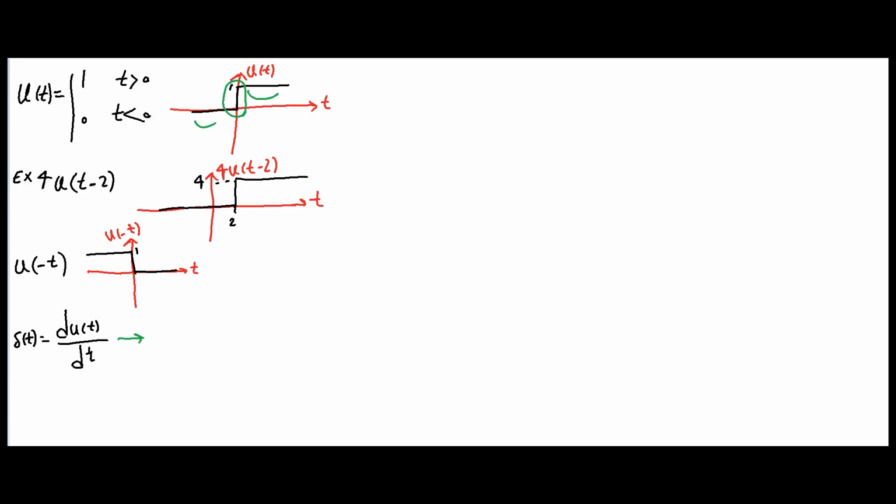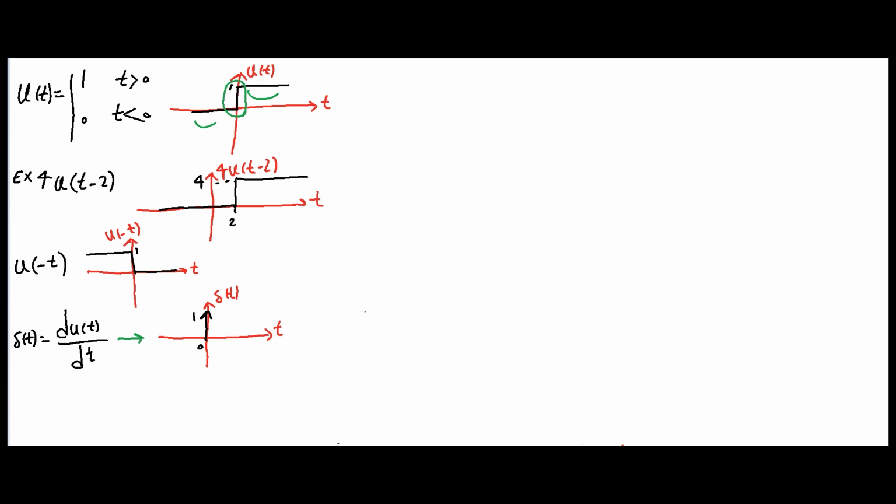This jump appears in the form of an impulse. You can see the shape of the impulse signal here. And in the previous video on this channel, we explained the unit impulse signal in detail, and I have placed its link up here.